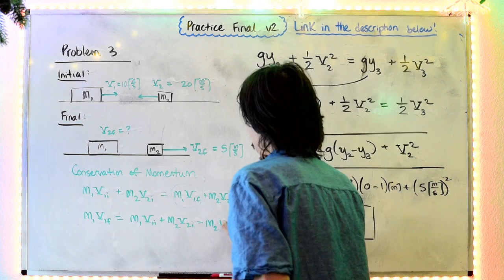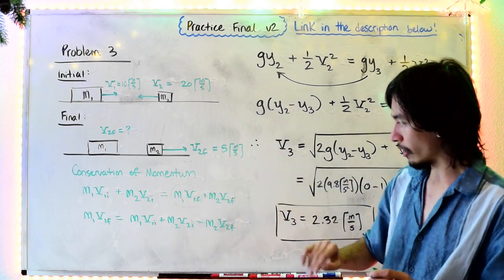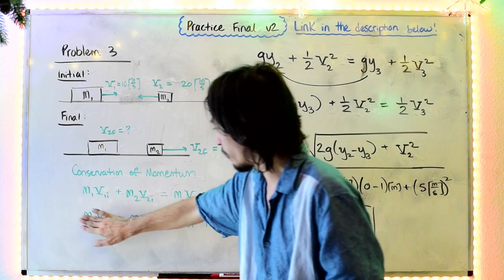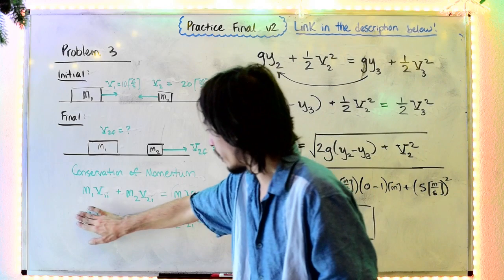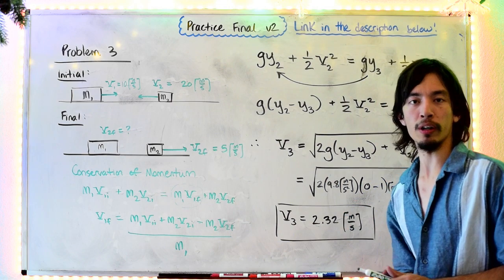Now, I could just simply divide over by the mass. I'll just divide off by m1, and that will solve for v1 final.